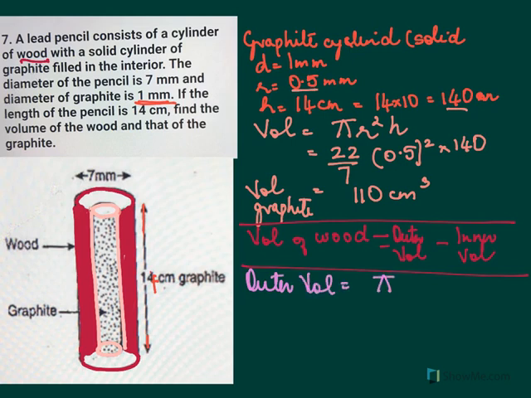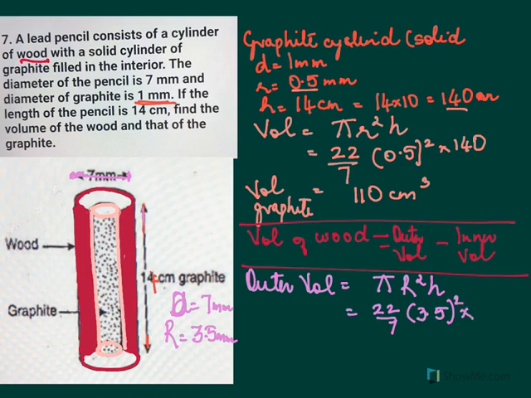Outer volume will be pi r square h. The pi is 22 by 7. For the outer r, we see the diameter is 7 millimeters for the outer. So I put capital D. So the outer radius will be 3.5 millimeters. So that is 3.5 into, the height would remain the same, 140 millimeters.